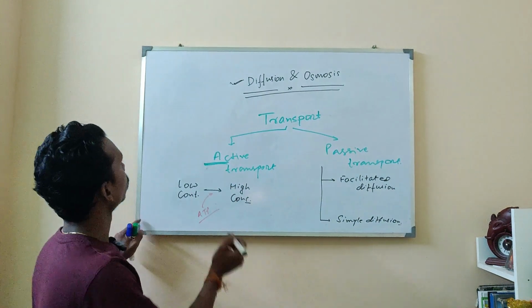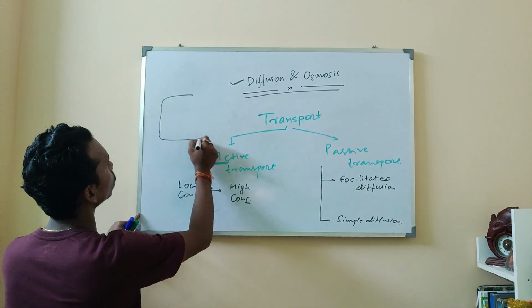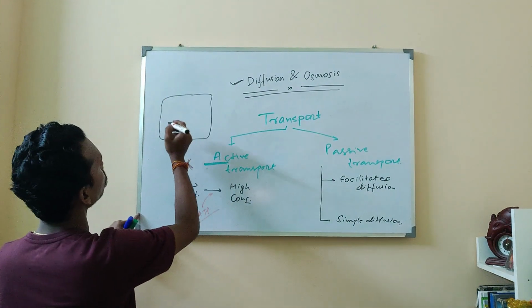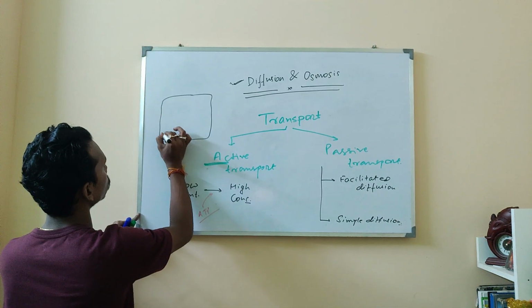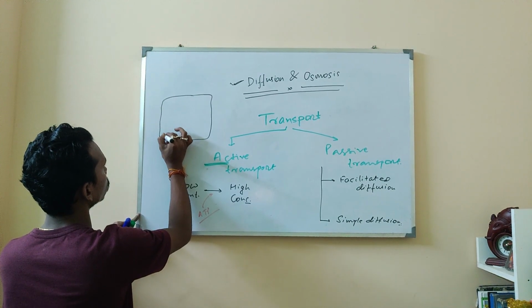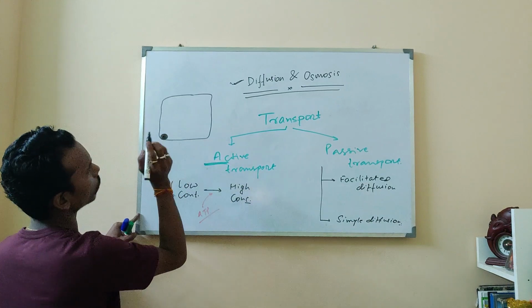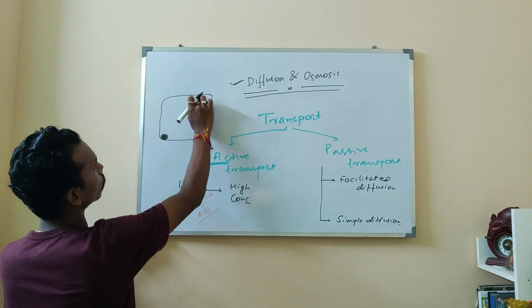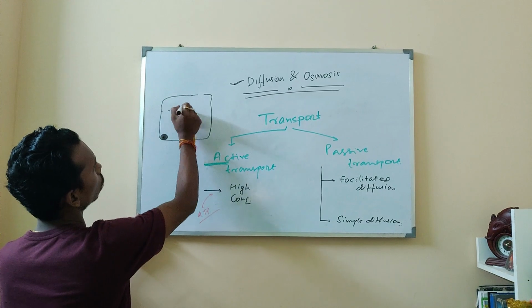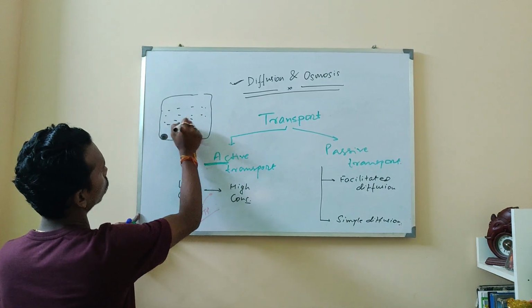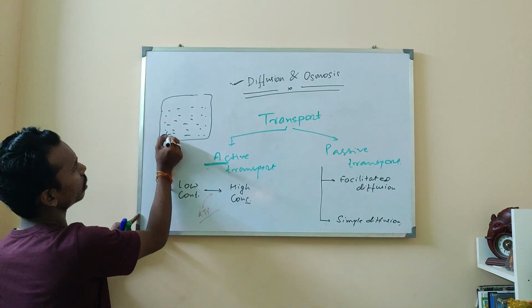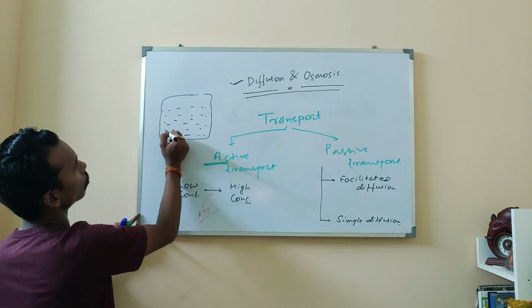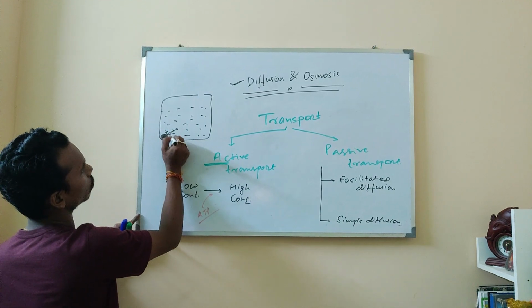So, let's see. This is a chamber. You kept a copper sulfate there and added some water. The blue color will diffuse from this part to the lower concentration of the copper sulfate.